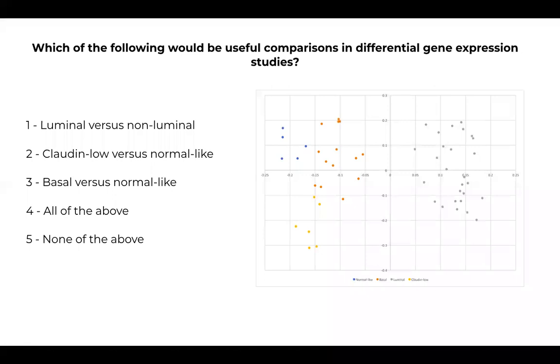Okay, Soham is saying Claudin-low versus normal, which is option two. So option two, okay. One answer, option two. Option one. Shinjini is saying option one.